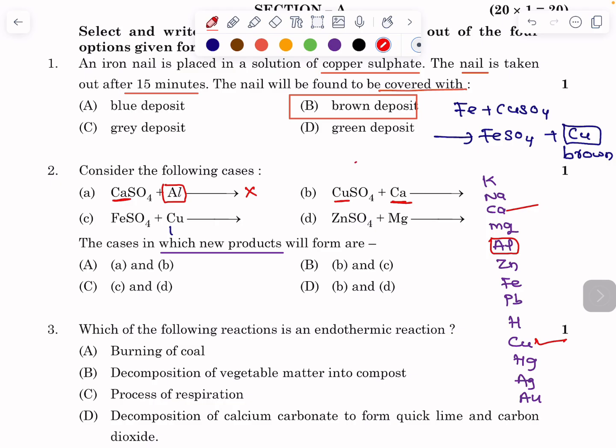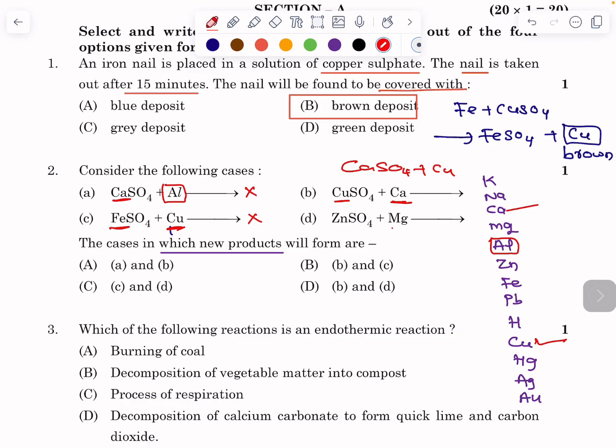In the reactivity series, calcium is above copper, so calcium can easily displace the copper from copper sulfate and form calcium sulfate plus copper. And you see here iron sulfate is there, copper is there. Copper is less reactive than iron, so it cannot displace the iron from iron sulfate.